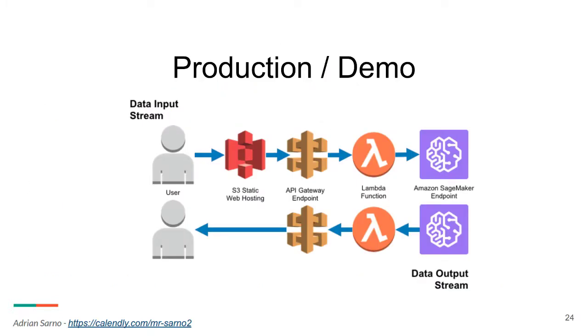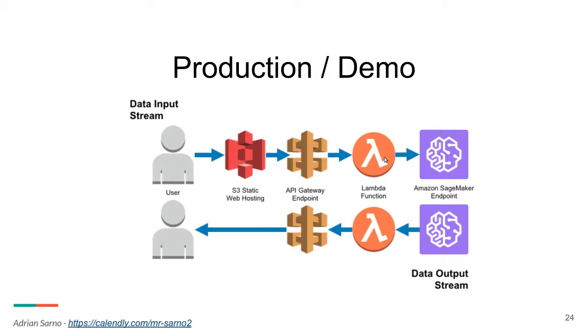Okay, so the production demo, the code that you saw, is built this way. I have hosted my page in S3 static web hosting, but you can host it on your laptop or anywhere you want. It's going to go through an API gateway endpoint, which is just a way to allow you to call it without having to resolve any security credentials.